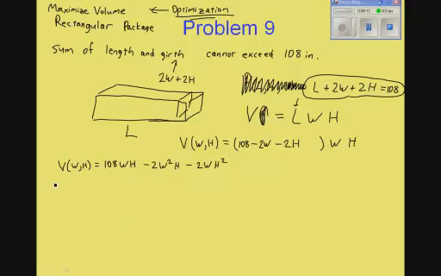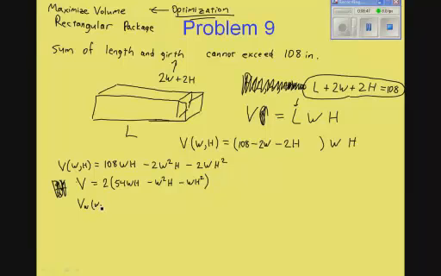Let's take partial derivatives. So I guess I have dV/dW. Let's write it this way. Oh, sure, that's a good idea. Let's simplify V. So V is just 2 times (54WH minus W squared H minus WH squared). I like that idea, Linda. So now what I'll do is I'll call it V_W.